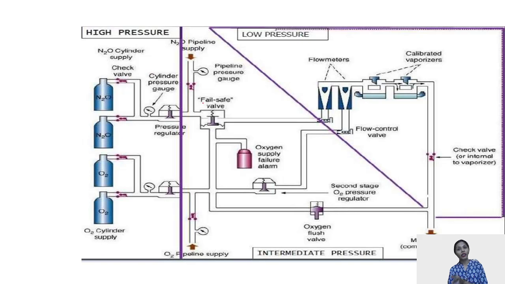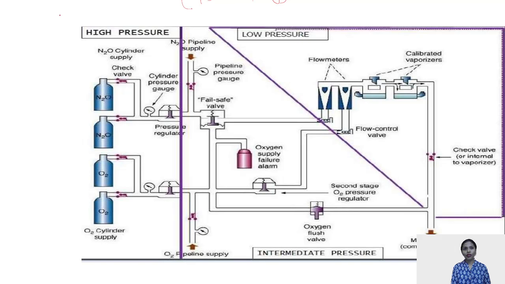When coming to intermediate pressure, what all components make your intermediate pressure? The first is your pipelines. All the pipelines are in the intermediate pressure, which have a pressure of 45 to 55 psig. Just remember this.